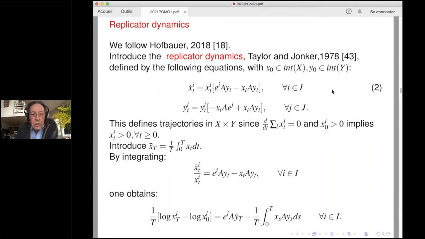I use this definition, writing it this way. So x dot i over x_i is equal to this. And then I integrate here.